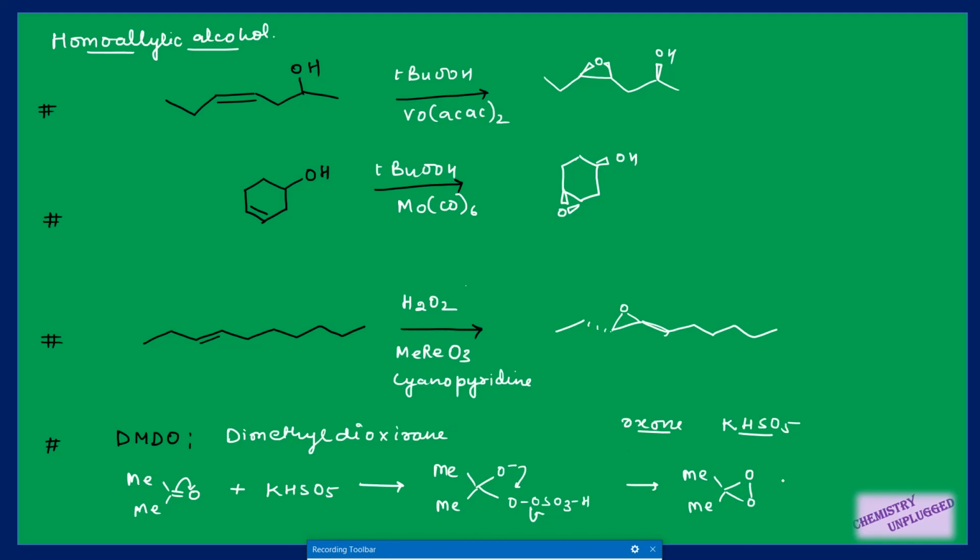So it will act as an epoxidizing agent. You may also have different types of dioxirane which can act as epoxidizing agents, right? You may have acetone here, KHSO5 will be there, but you may have different types of ketones, then different dioxiranes will be formed, but the main purpose of their use is that they will do epoxidation, right?